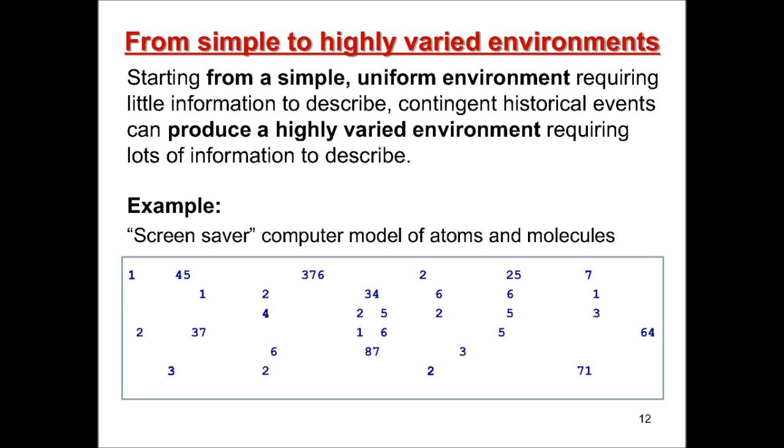And you watch it, and over time you see the screen fills up, and you see not just atoms, but here's a molecule of 2 atoms, and a molecule of 3 atoms, and a molecule of 5 atoms, and the environment gets very complex. It starts simple, and these rules just go on over time, and eventually you reach an environment that requires lots of information to describe everything that's going on because of all these contingent historical events.